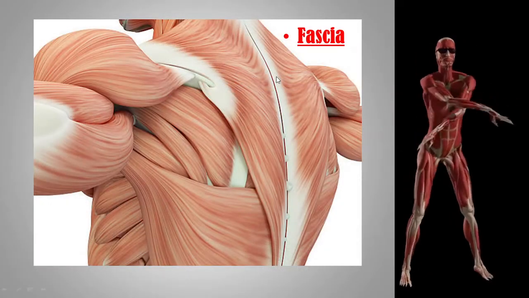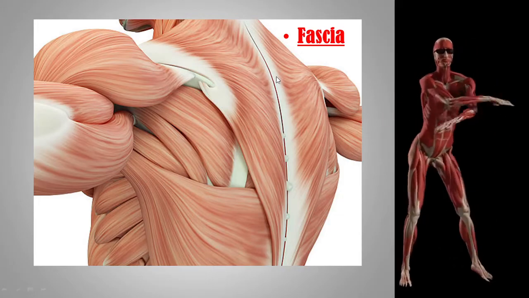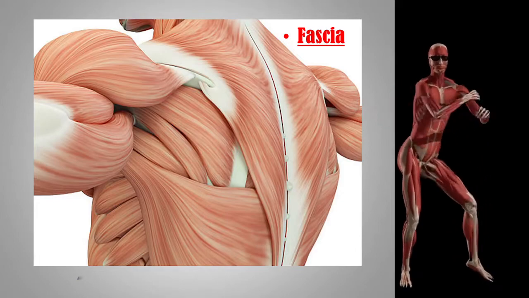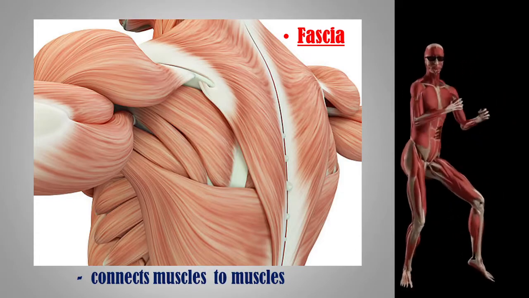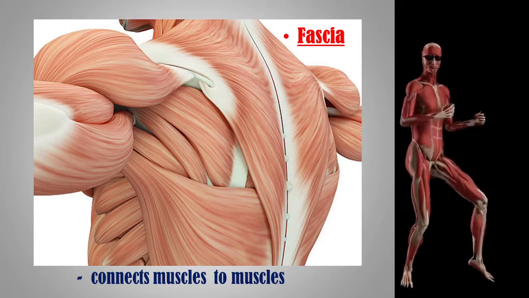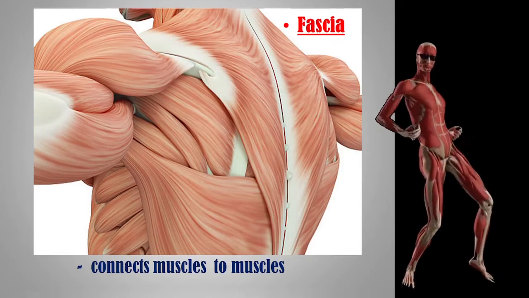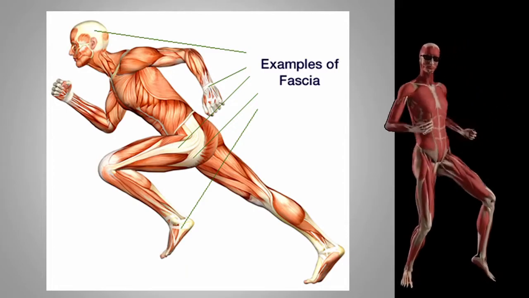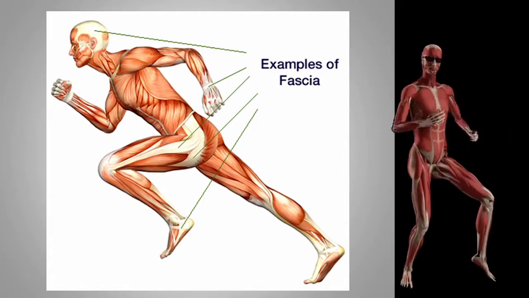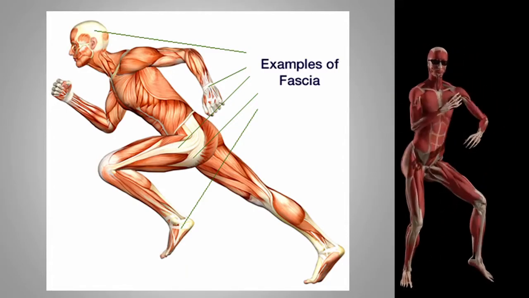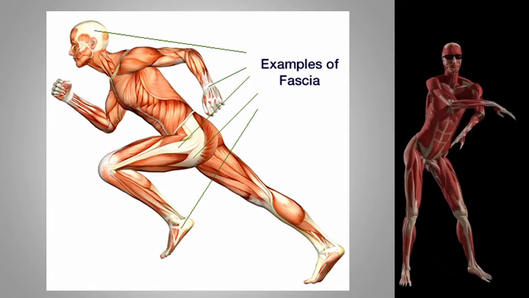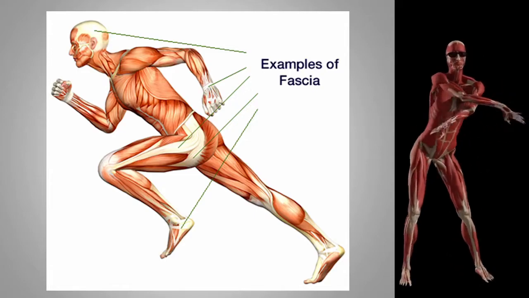Okay, then we have the fascia. Now the fascia is another supportive structure that connects muscle to muscle. Okay, muscles to muscles. So that's the fascia. These are the examples of fascia. You have fascia in your head, then you have it in your legs as well, in your wrist and your ankles.